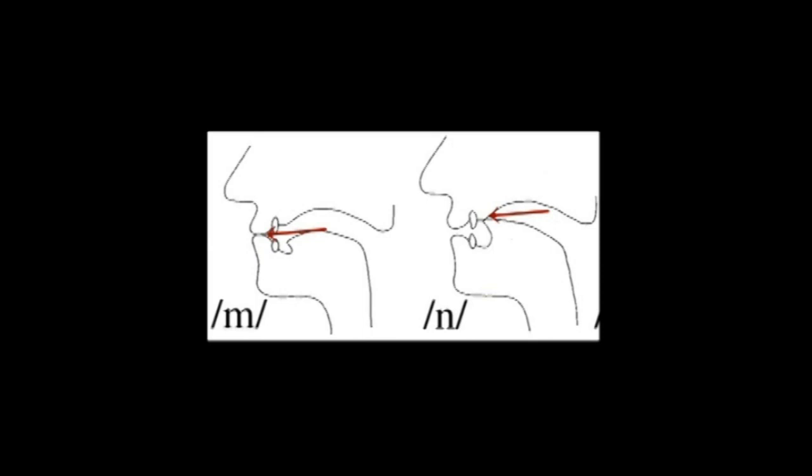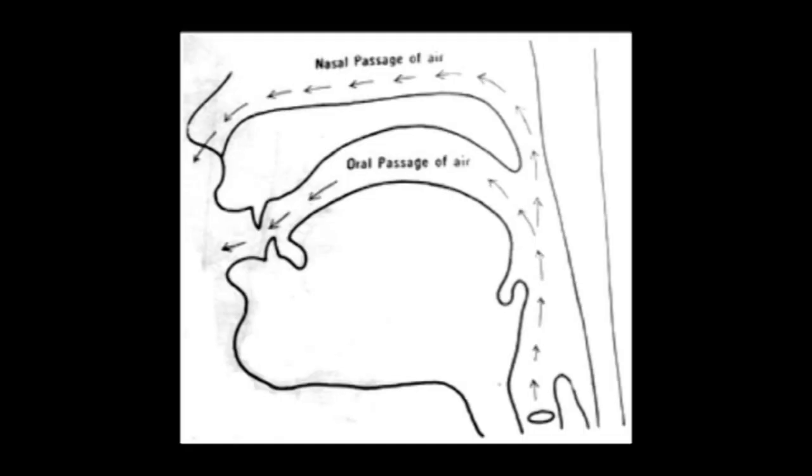The second possibility is that the air passes through the mouth and through the nose, and these sounds are called nasalized sounds. So, the movement of the soft palate gives us oral sounds, nasal sounds and nasalized sounds.